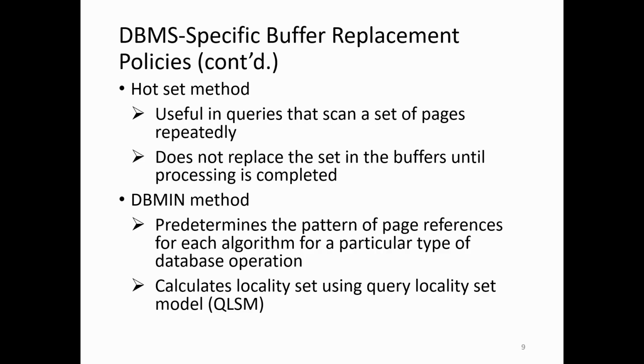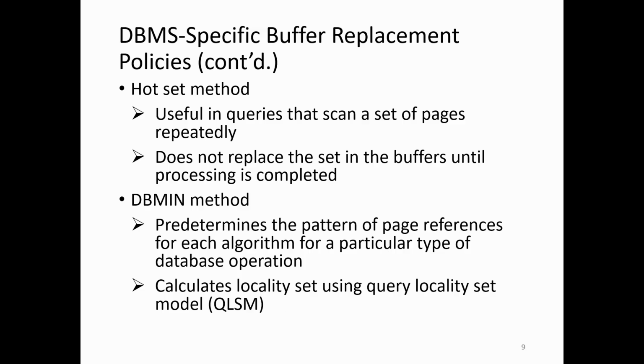The next buffer replacement method is DBMIN, right? This is a predetermined method to identify which pages should be kept in main memory. For that, there is an algorithm called QLSM.